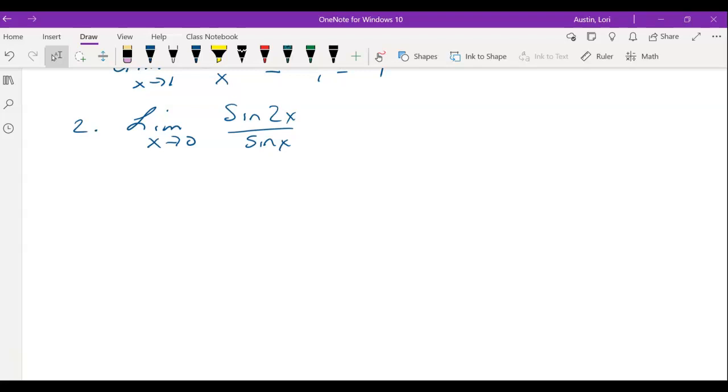So if I try to plug in 0, what's sine of 2 times 0? Still 0, right? Because what's 2 times 0, everybody? 0. Sine of 0 is 0. So I get something crazy like that.